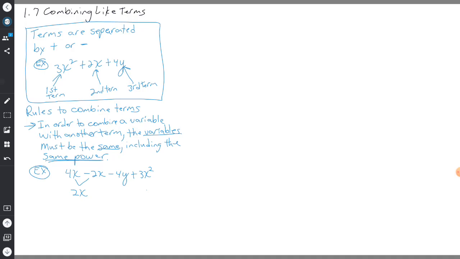Is there anything else? Can we put this one next to it, and why can't we do that? Yeah, different power. So we can't do anything else with it, since we have that different power.